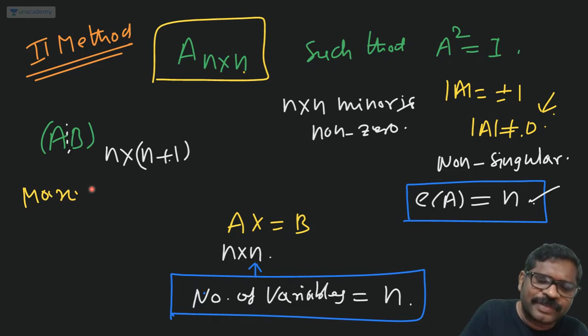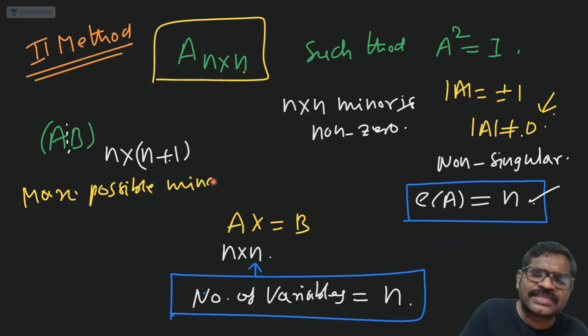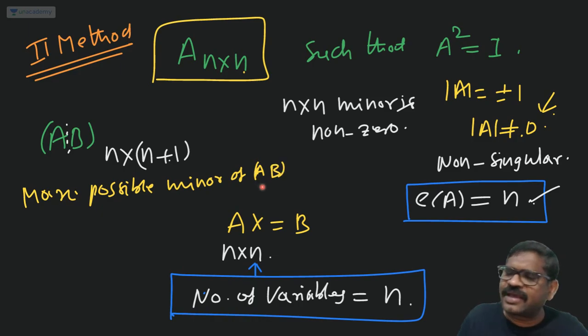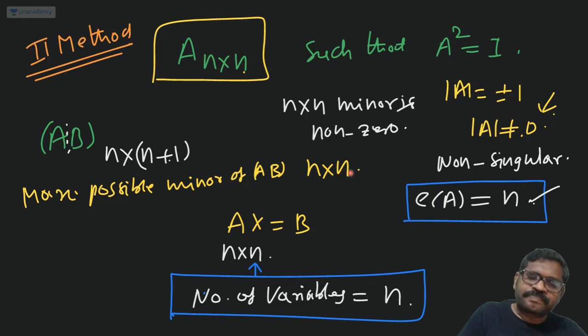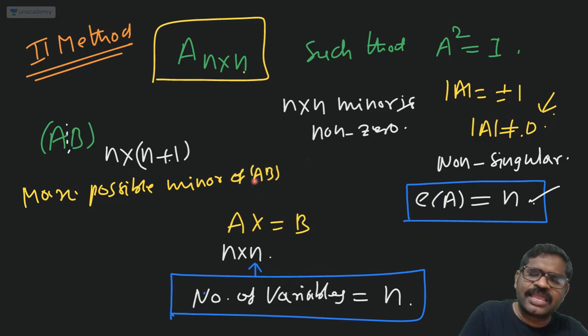The maximum possible minor of AB is n cross n.